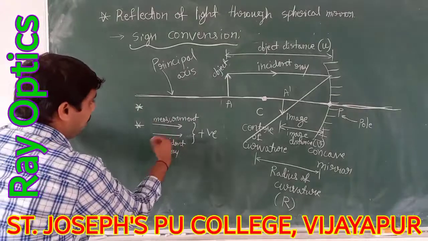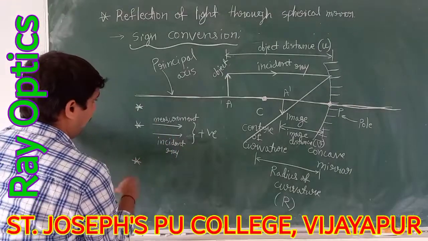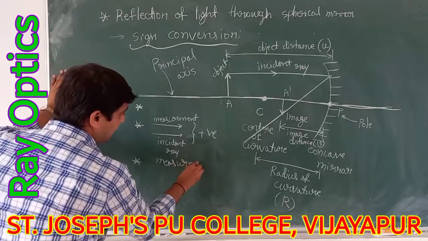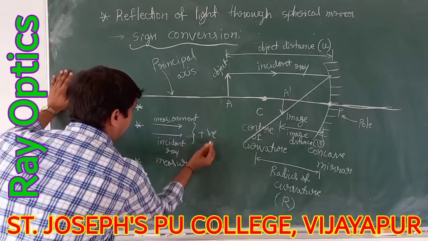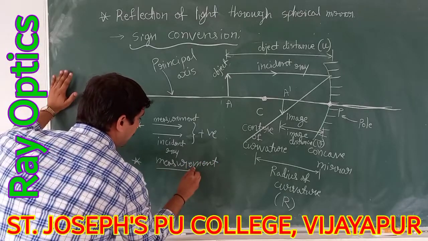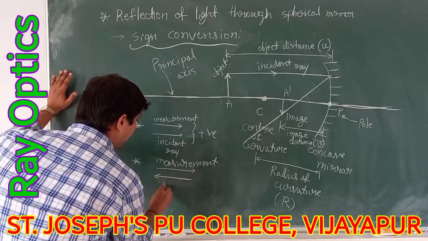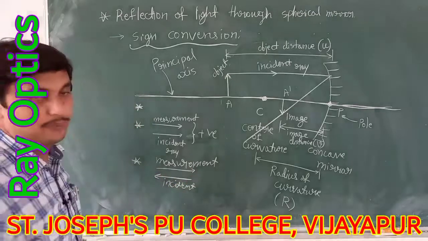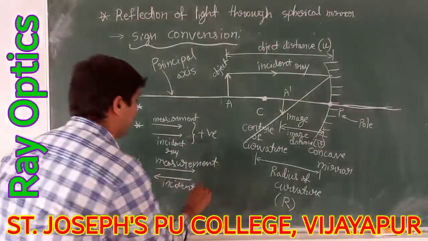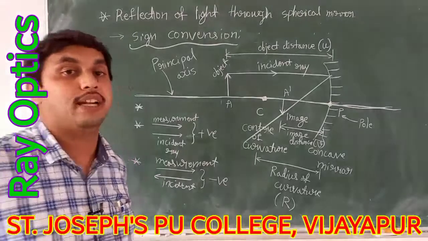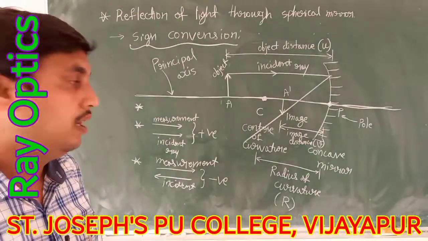So the other point is clear: if our measurement is opposite to the direction of the incident ray, then it is taken as negative.